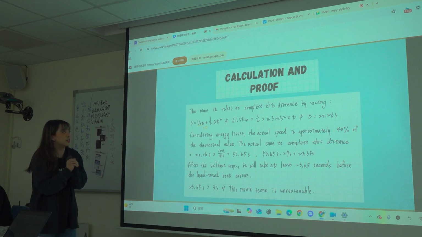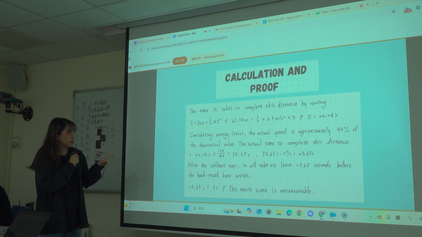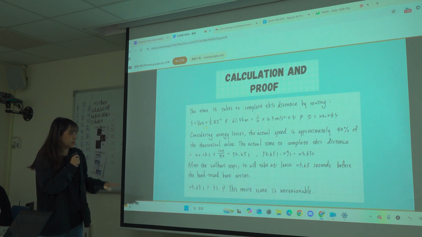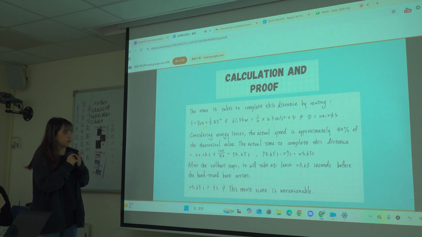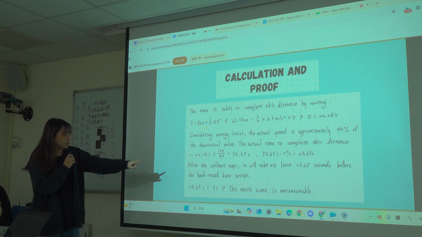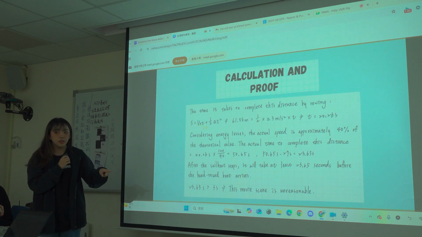Because we should consider the energy losses, the actual speed is approximately 40% of the theoretical value. So the actual time to complete this distance is 50.65 seconds, and the difference between their times is 23.65 seconds. So after the sailboat stops, it will take at least 23.65 seconds before the hand-rowed boat arrives.